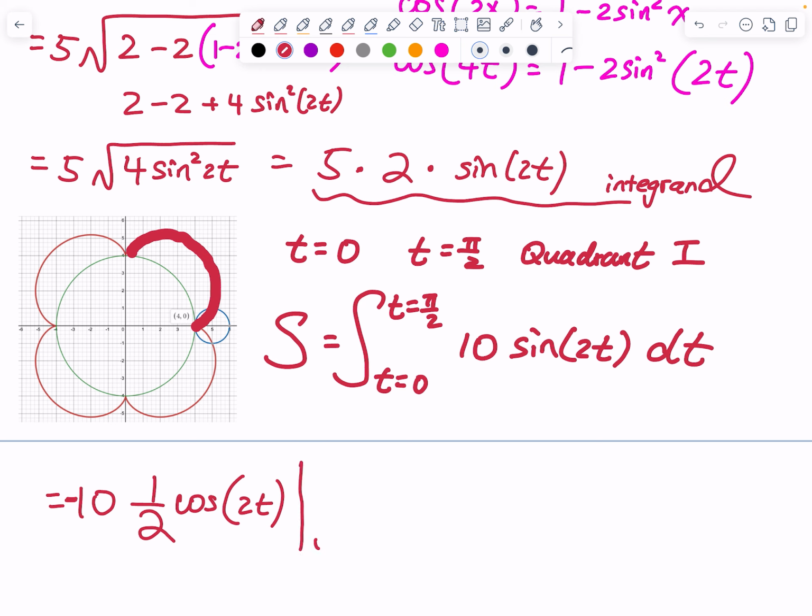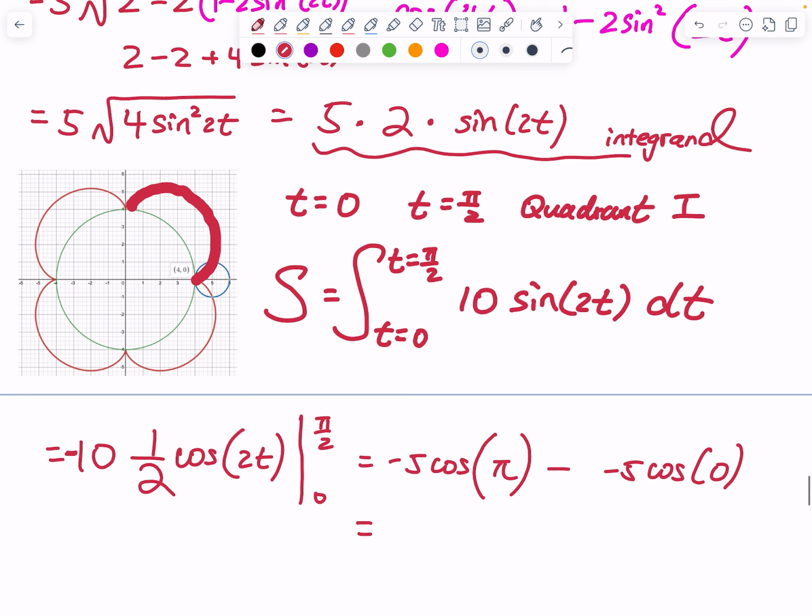Such that t goes from 0 to pi over 2, and then I have negative 5 cosine of 2 times pi over 2, that is a pi, and then minus negative 5 cosine 0. Cosine of pi is equal to negative 1. Negative 5 times negative 1 minus negative 5 cosine 0, which is 1.